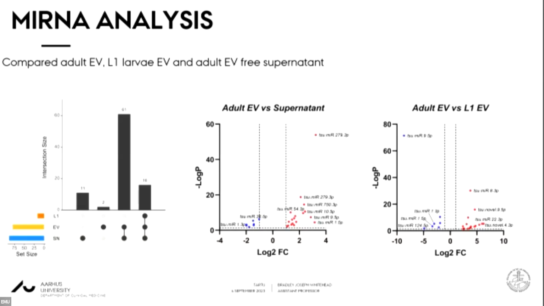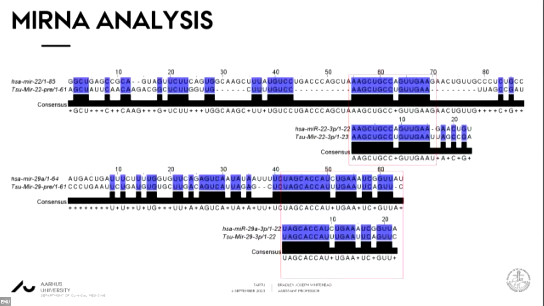So we focused on the microRNA analysis of the worms. We compared free microRNAs with EV microRNAs, and we also did the same for L1, which is the infective larvae. And we could see significant differences between the microRNA populations. And as we dug sort of deeper down, these are two that we found quite interesting.